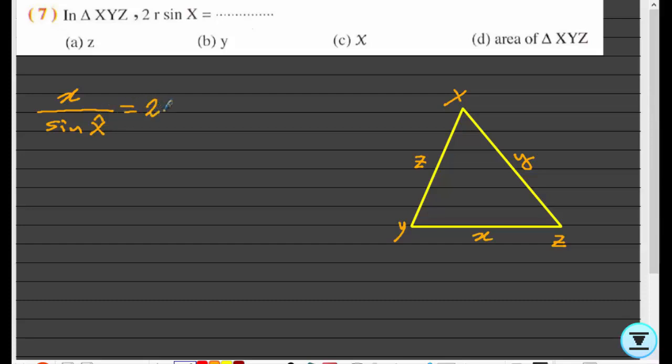Equals 2R over 1, so cross multiplication, x multiply 1 equals x, which equals 2R multiply sine X. So 2R sine X equals x here. So we choose letter C.